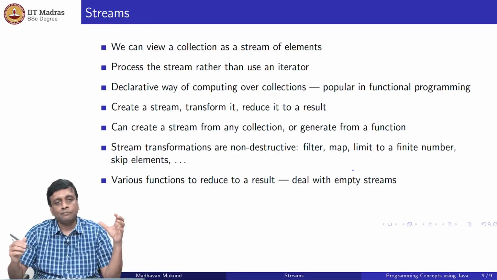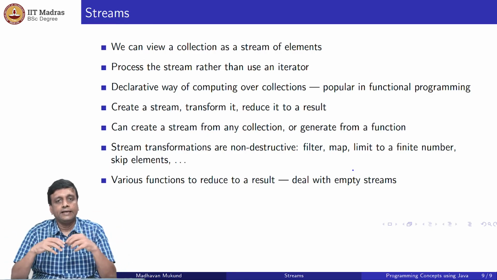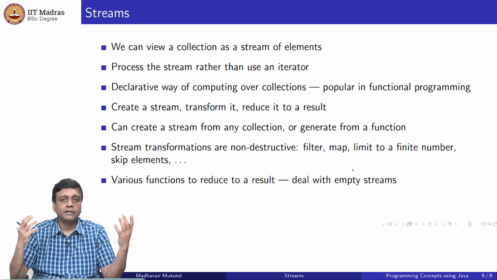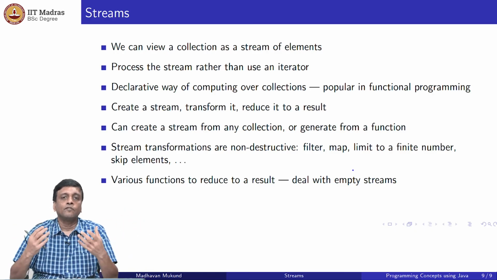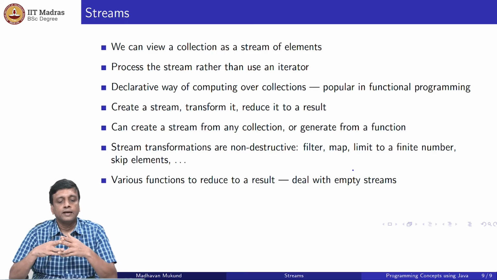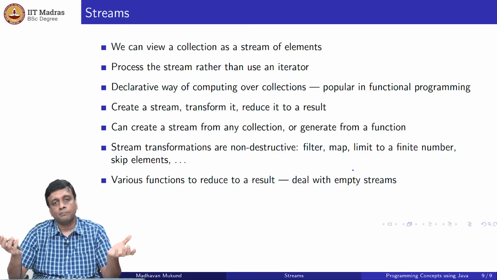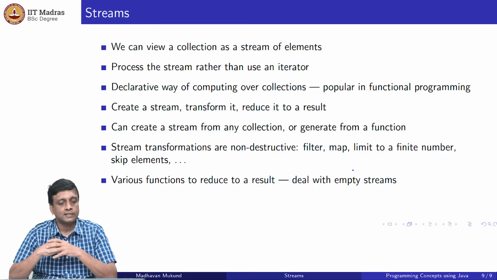So what we have seen is that we can take any type of collection, and where we would normally produce a sequence of values using an iterator, we can instead produce a stream using the collection's stream function. So we can always think of a collection as a stream of values, and then we can process the stream rather than running through it using a conventional iterator.